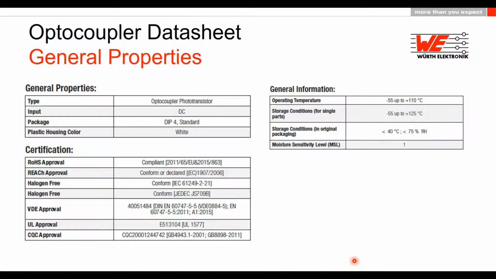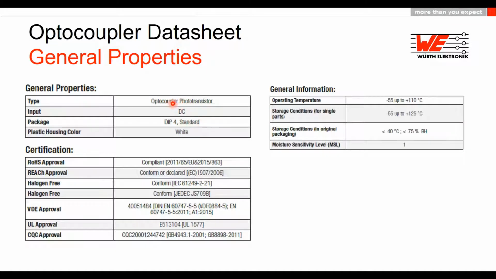What can also be found in the Würth Electronics data sheet, under this general information, you will find the type of the optocoupler. So I showed you on the first slide in the presentation the different types. And here you can see the phototransistor type. For the input, as I told you, I chose the 816 series, which has a DC input.